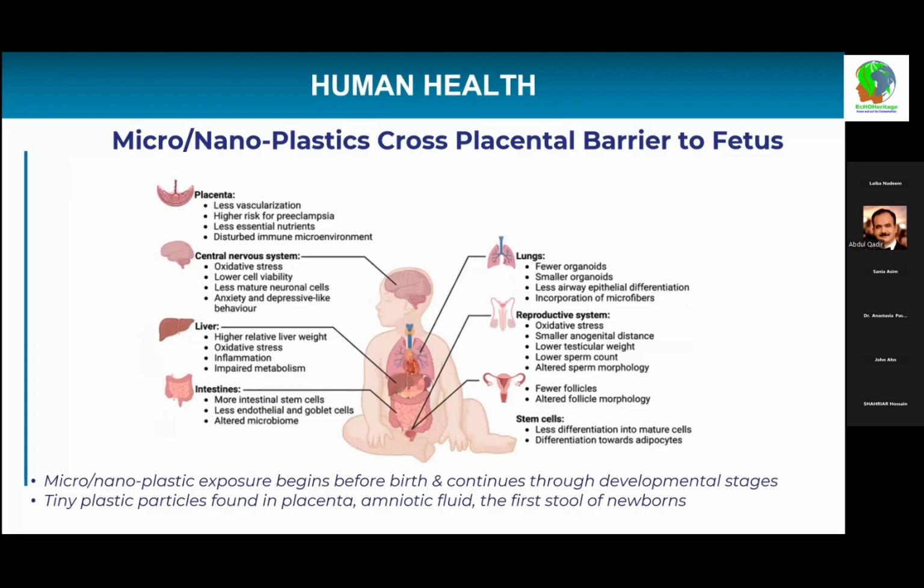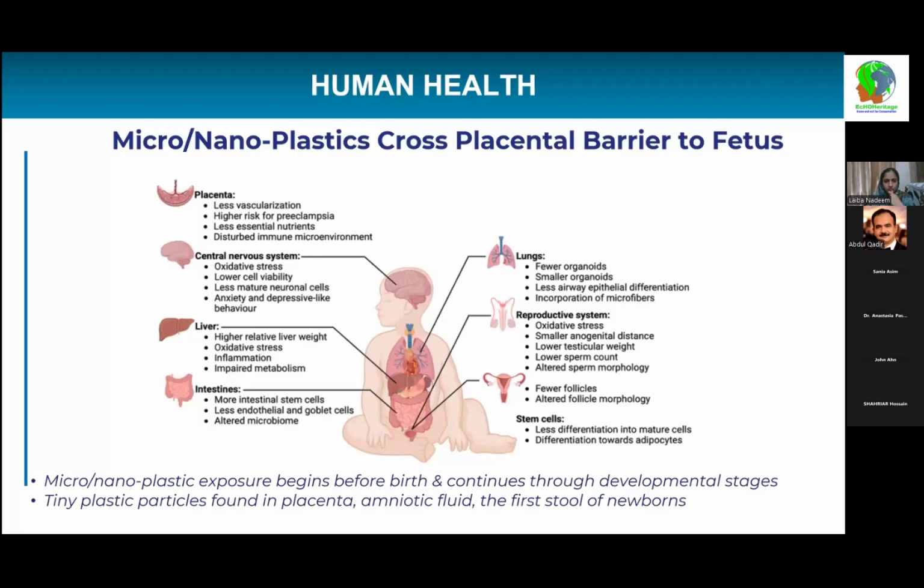For example, placentas from preterm babies contain significantly higher concentrations of micro and nanoplastics than those from full-term births, and also higher concentrations of PVC, PET, polyurethane, and polycarbonate. They were associated with earlier gestational age and lower birth weight.